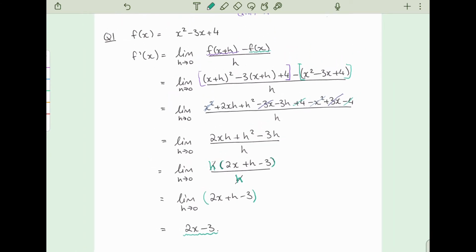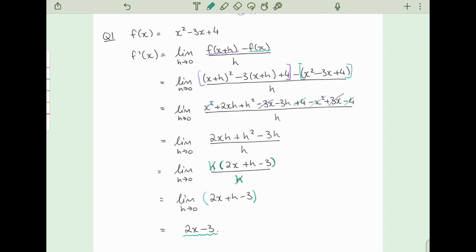Once we got the answer, we can use the power rule to verify this answer. You can take the derivative of this directly by the derivative rules and see if you can get the same expression. If your expression is not the same as the expression you got here by using the definition, that means you have something wrong in some steps in between.